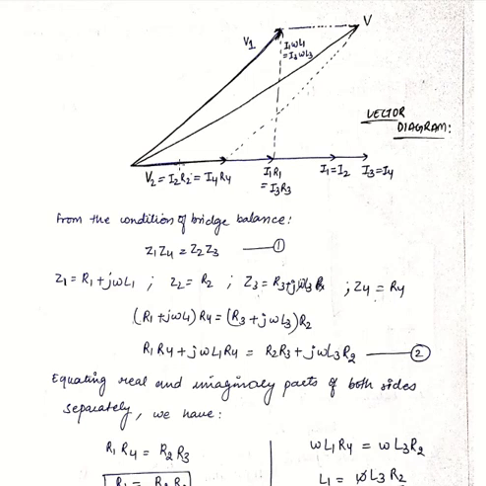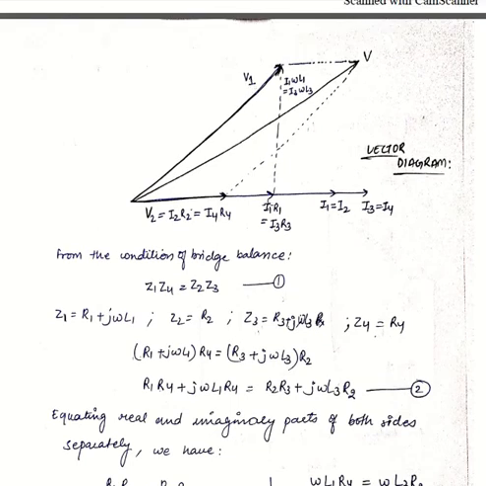V2 is this line, which equals I2 R2 equals I4 R4. In the same phase we have I1 R1; for having V1 we require I1 R1 and I1 omega L1. With 90 degrees apart, we'll draw a line I1 omega L1. The resultant of these two lines will give us V1, and the resultant of V1 and V2 will give us V.